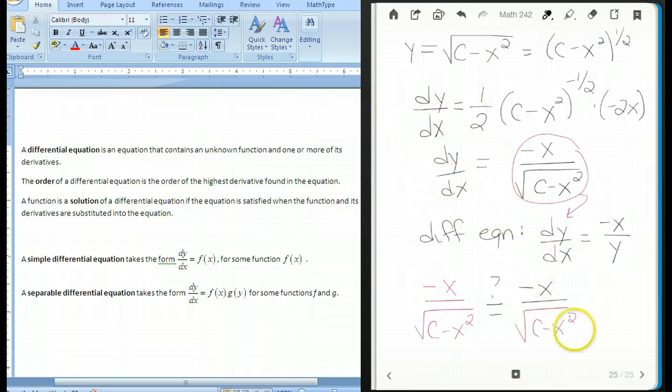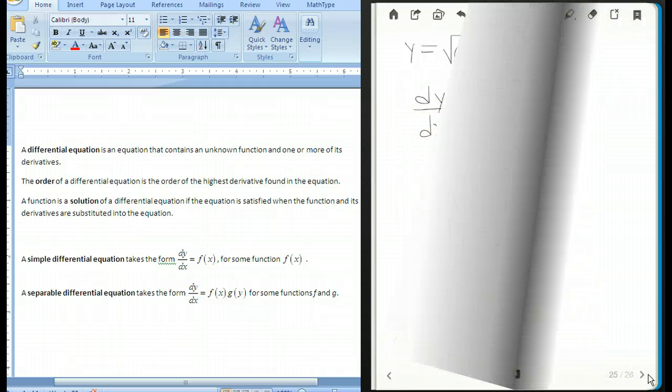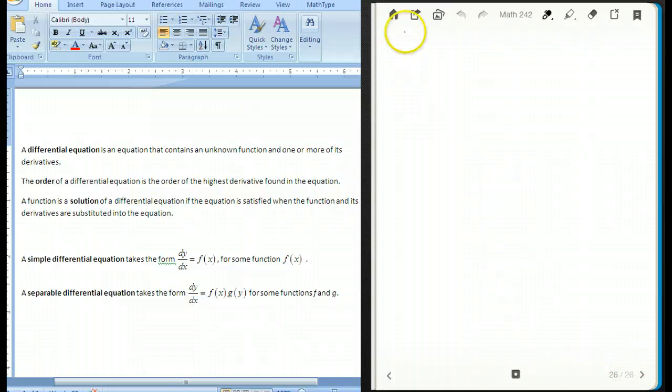Well, that's all well and good, but how do we go about finding a solution? We're only going to consider a couple of kinds of differential equations because they get really complicated very quickly. So we will only be able to find solutions to these two kinds that I've defined here.